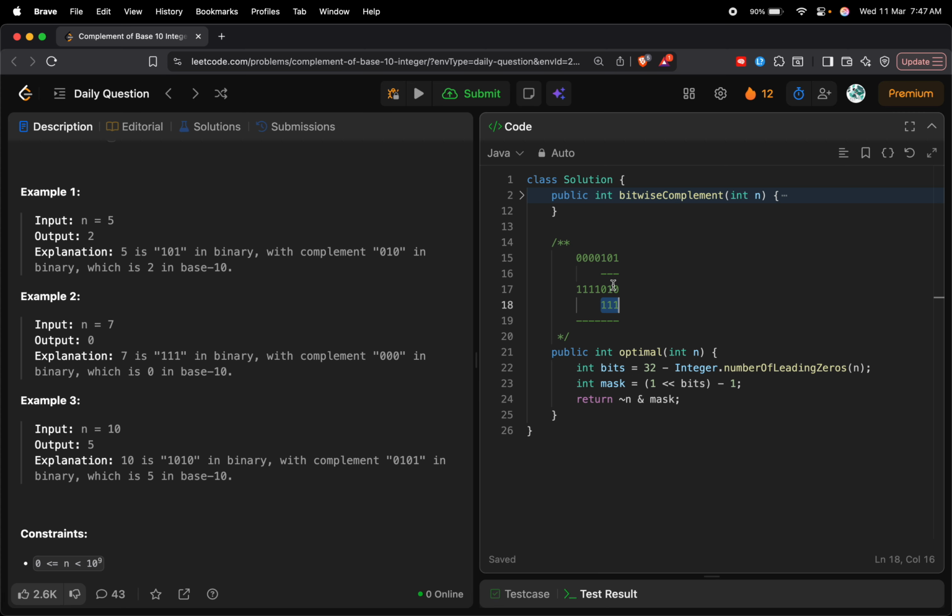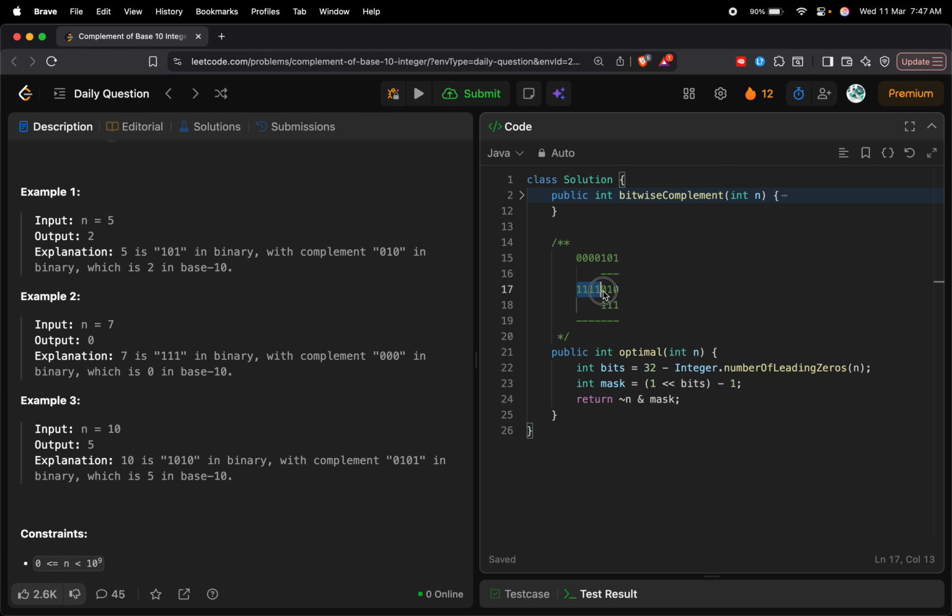If I know the number of bits in the original number, which is 3 for 101, not considering the leading zeros, then if I simply do left shift by those many bits and subtract 1, that will give me this number. The number of bits I have here is 3. 1 left shift 3 is 8, minus 1 is 7, and 7's binary representation is this, right?